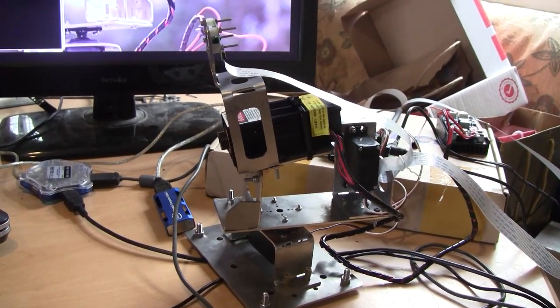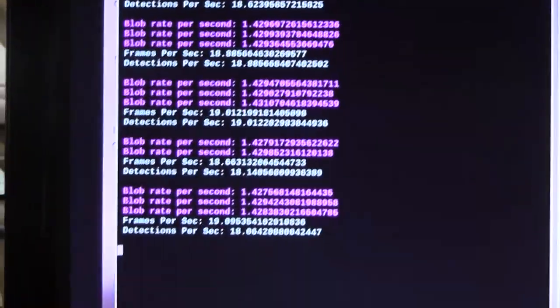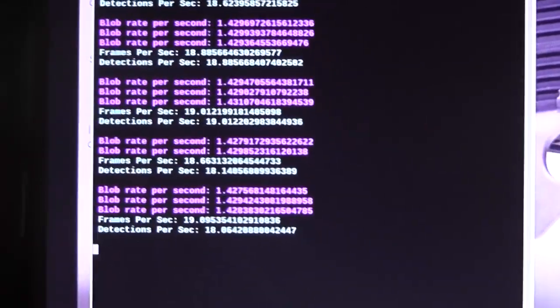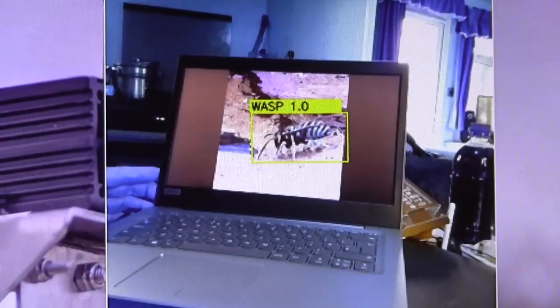I emphasise the word slow because, as I said, the blob rate here in magenta is quite slow with this model. There's actually something wrong with the way I've trained this model.